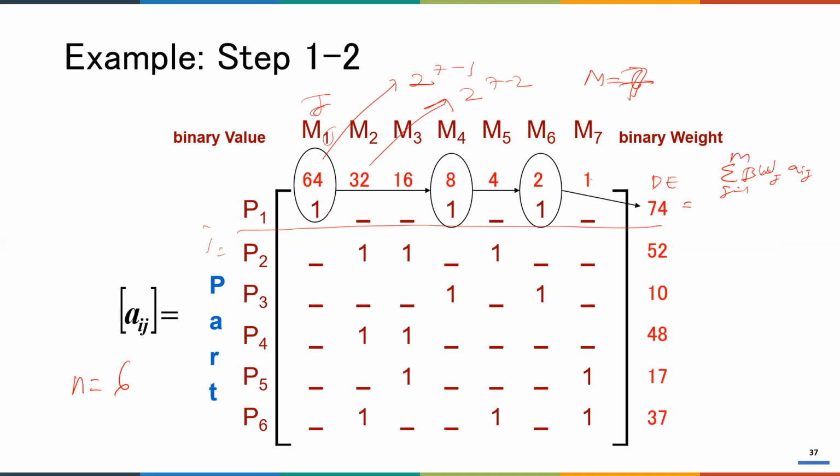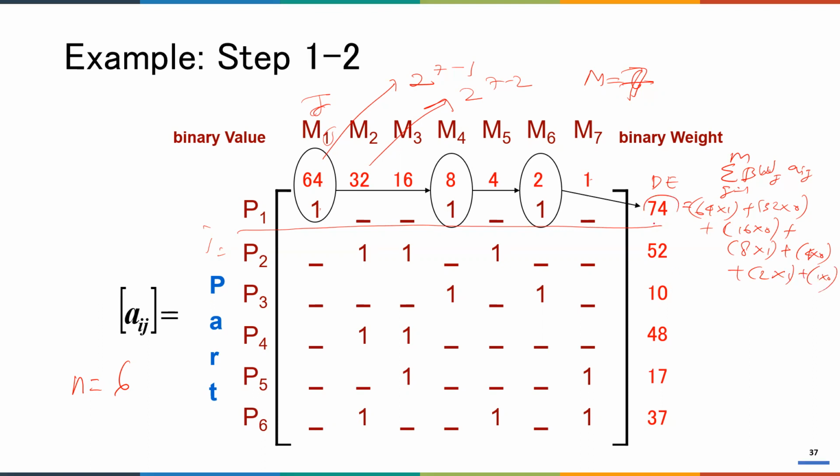So it means this is 64 multiplied by 1, plus 32 multiplied by 0, plus 16 multiplied by 0, plus 8 multiplied by 1, plus 4 multiplied by 0, plus 2 multiplied by 1, and 1 multiplied by 0.